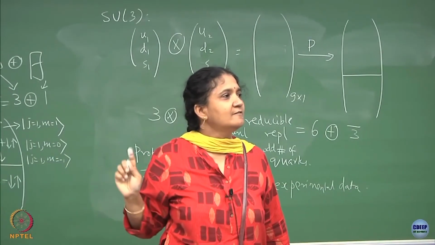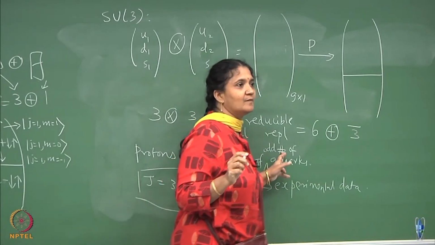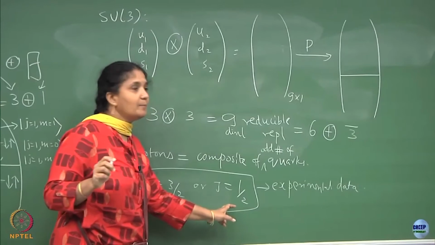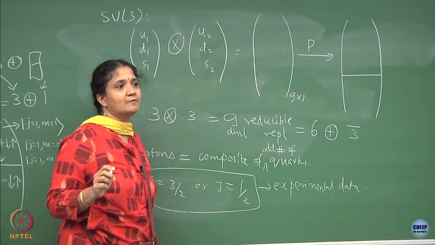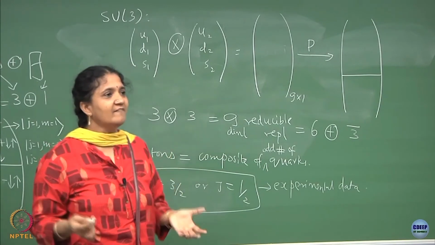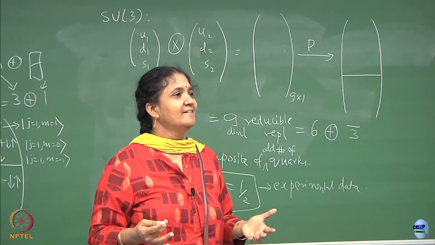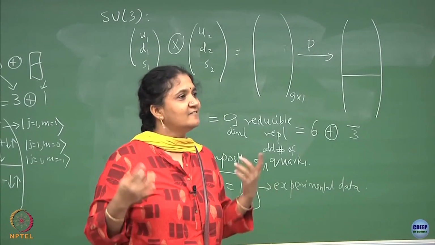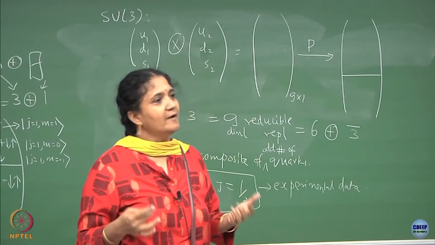How many such odd number should I choose? Any guess? This odd number is not arbitrary. Once I put j equal to 3 by 2 or j equal to half, what should that odd number be? Can it be 5, can it be 7, or is it forced to be only 3? 3 is the only one which allows me to get 3 by 2 and half.